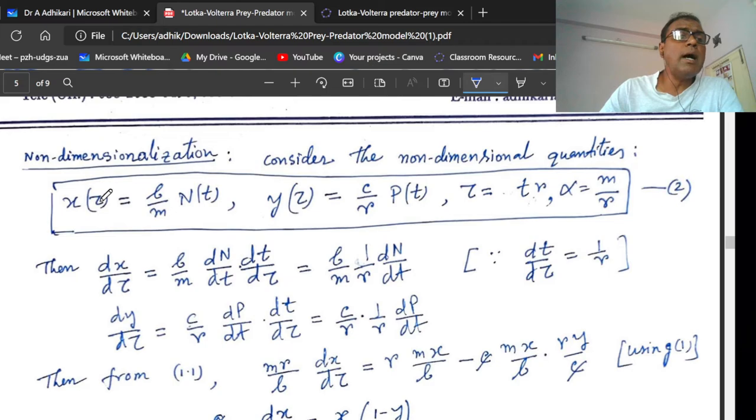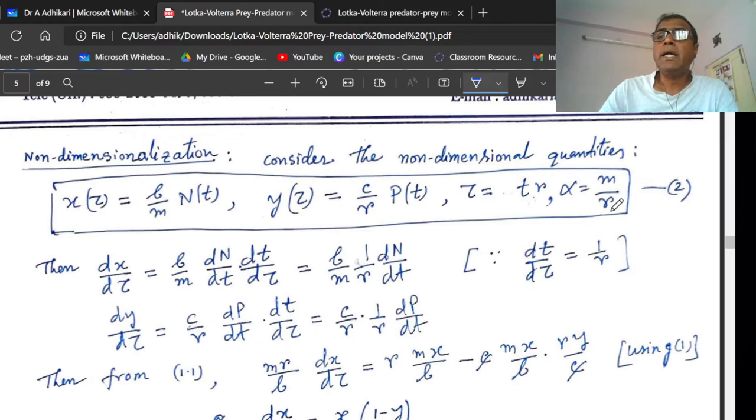This tau is the non-dimensional time scale, and x represents the non-dimensional density of the prey, while y represents the non-dimensional density of the predator. Alpha is m by r.